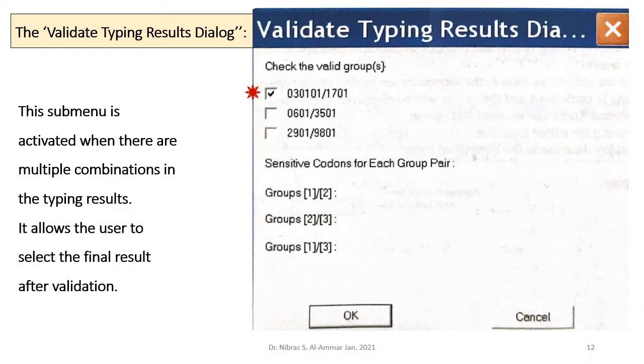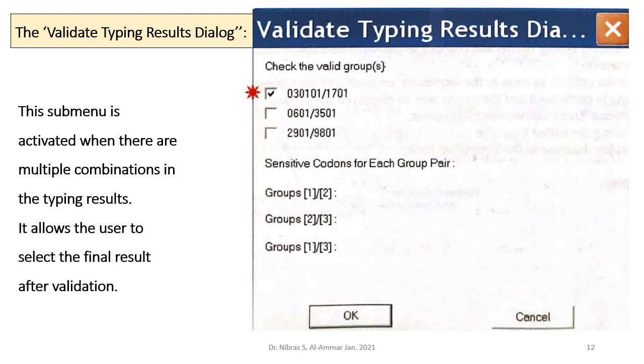The validate typing result dialog. This submenu is activated when there are multiple combinations in the typing results. Like here, we have 3 options. The first one, 030101, 1701. The second, 0601, 3501. The third, 2901, 9801.